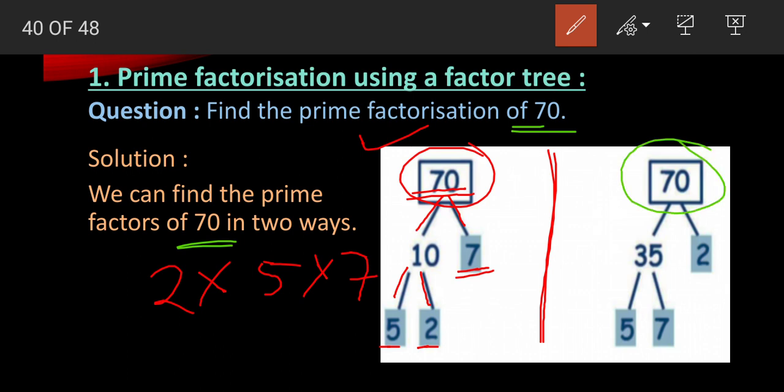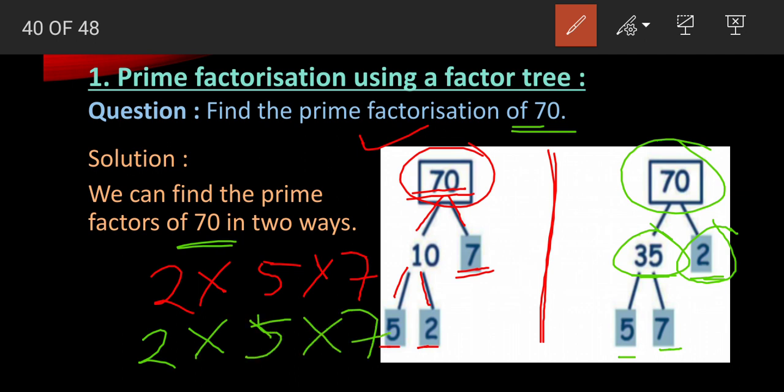Now come to the second way. Here 70 can also be written as 35 times 2. 35 times 2 is also 70. Here 2 is a prime factor, so no need to break it. 35 can be written as 5 multiplied by 7. 5 times 7 is 35. So this also gives the same prime factorization, 2 multiplied by 5 multiplied by 7.